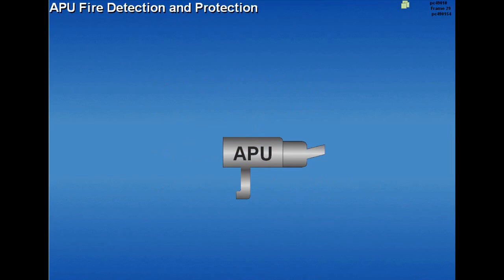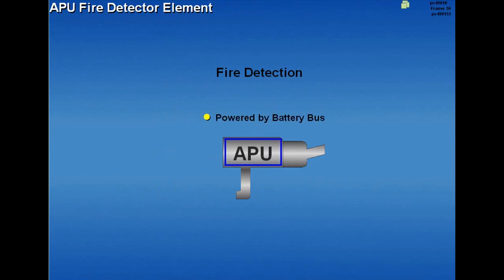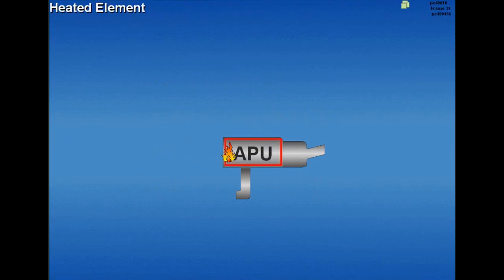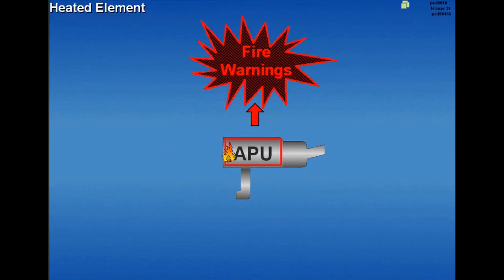The APU is equipped with fire detection and protection. An APU fire detector element is located in the APU shroud and is powered by the battery bus. Should the element become heated, fire warnings are initiated.